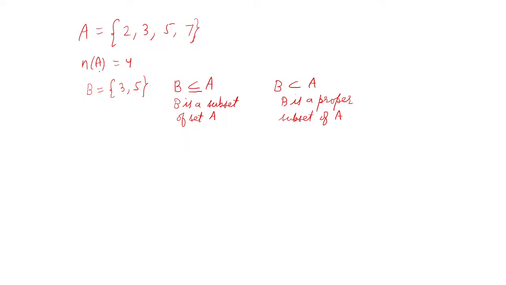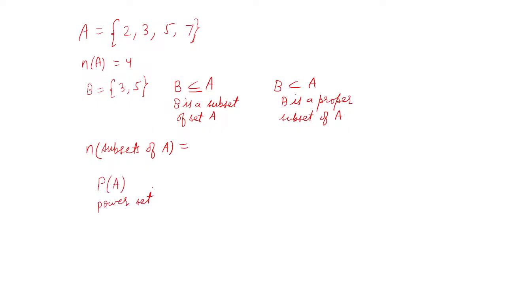Now, given that the number of elements in set A is 4, what is the total number of subsets of set A? I would want you to answer. Let's see how many of you can think about it. Total number of subsets of set A. And as you calculate this, let's talk about power set.